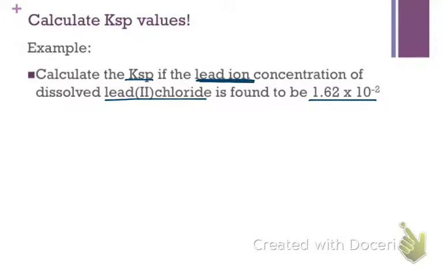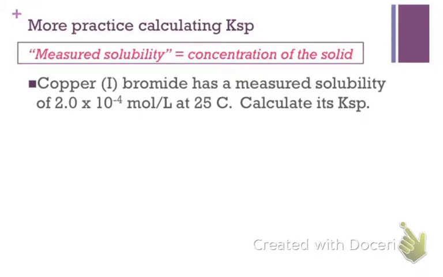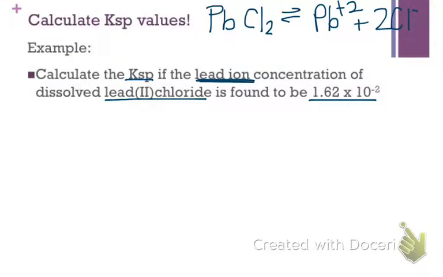First, let's think about that. Lead plus 2, chloride minus 1, so I'm going to need 2 of those chlorines. When it breaks apart, it's going to break into the lead ion and 2 chloride ions.